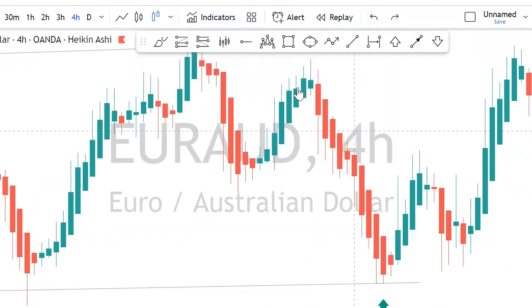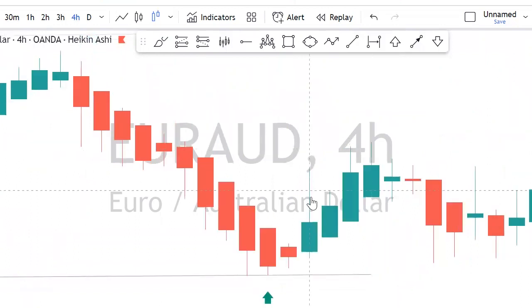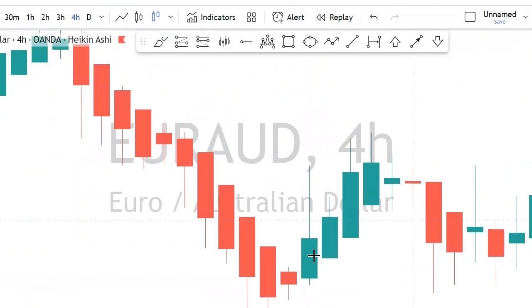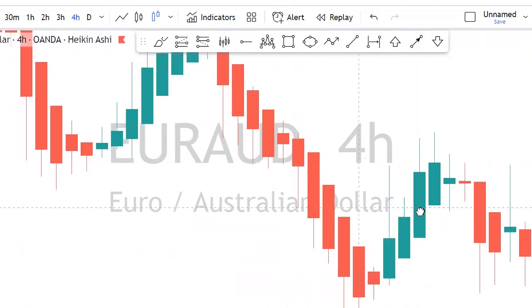Let me just zoom in a bit. It closed as a much smaller candlestick compared to how it moved, but then we are still in the green. It's still a bullish candlestick. So remember, this is the 4-hourly time frame.